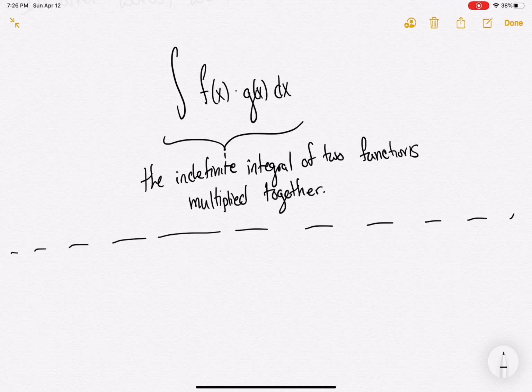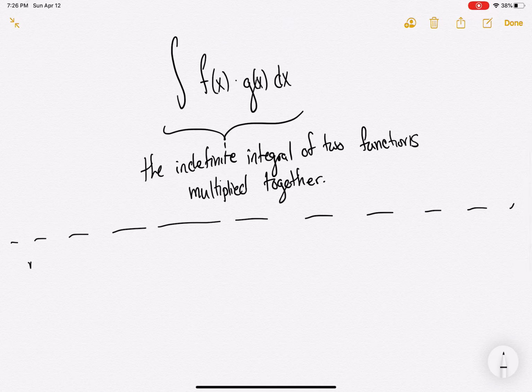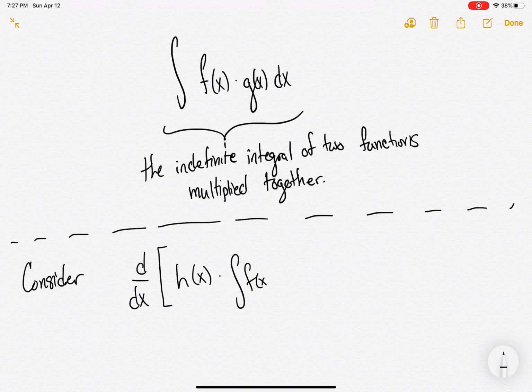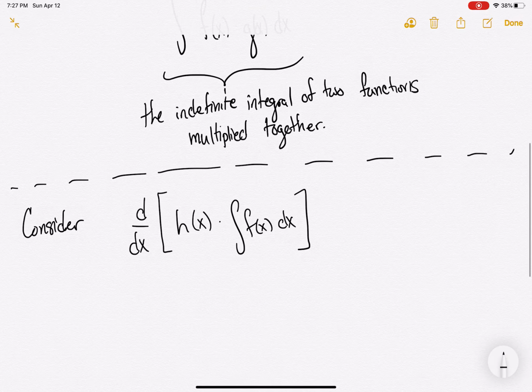I'll write it like this. Consider the derivative d dx of, let's say, h of x times the integral of f of x dx. So we have a function on the outside that doesn't have an integral, and then we have f that does have an integral.